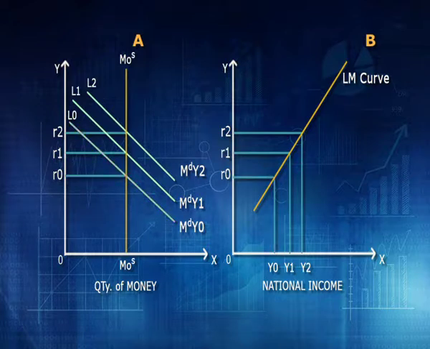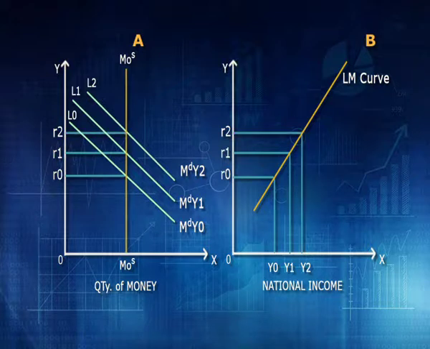When the demand curve for money shifts to L1, the equilibrium rate of interest rises to R1. Again, if the demand curve for money shifts further to L2, the rate of interest again rises to R2.